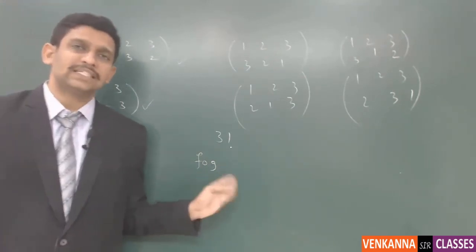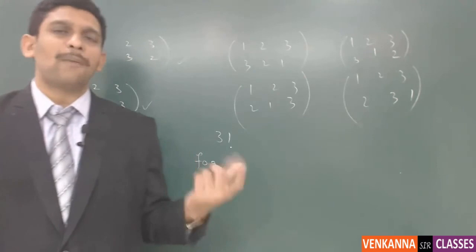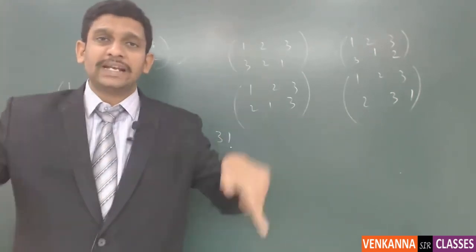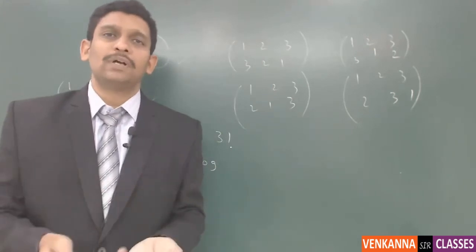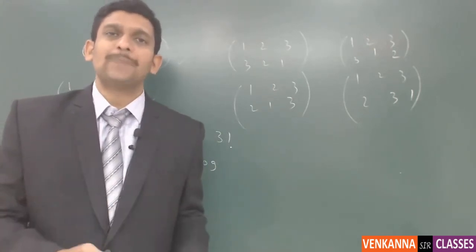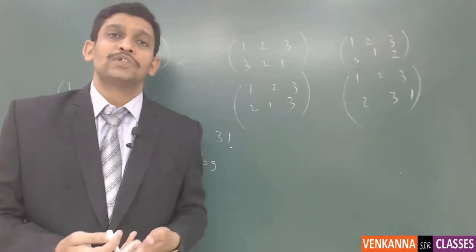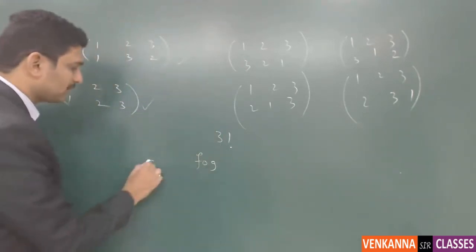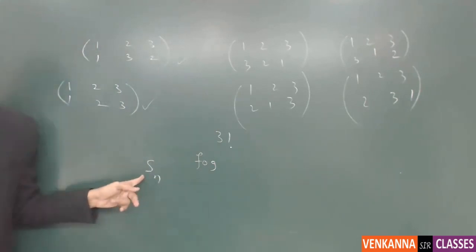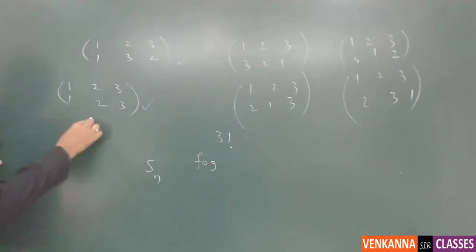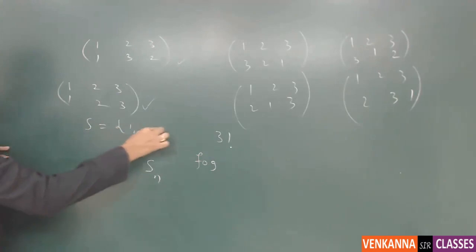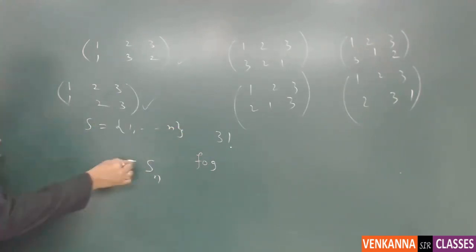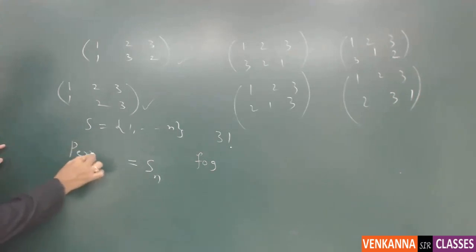So using this operation, we can say that all these permutations written together will become a group that we call the permutation group. Symbolically we denote that as Sn. So if you take S as a set having n symbols, Sn stands for the permutation group.